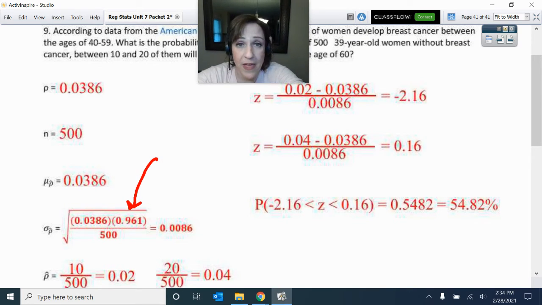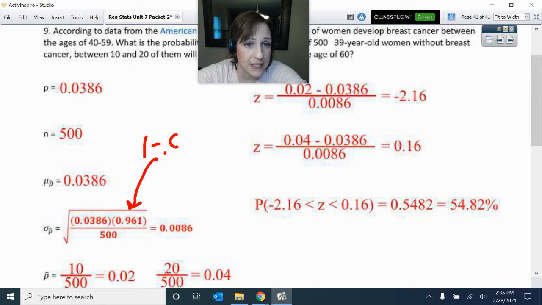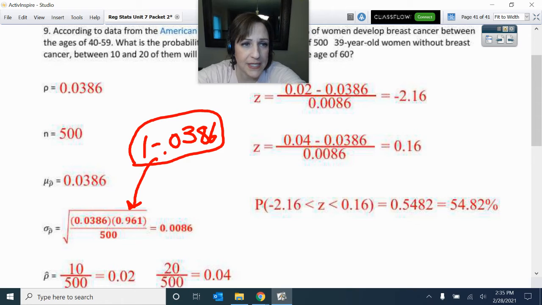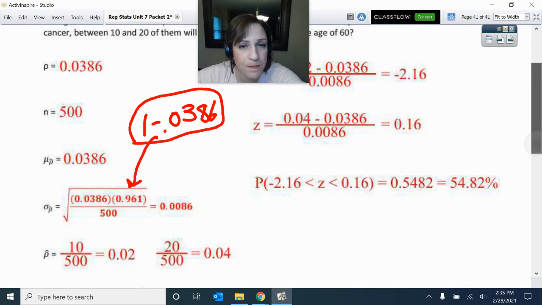Remember, that comes from 1 minus p. So I just did 1 minus 0.0386, and that's how I came up with 0.961. Because they're going to 3 significant digits, I did as well. It makes for quite a small standard deviation.